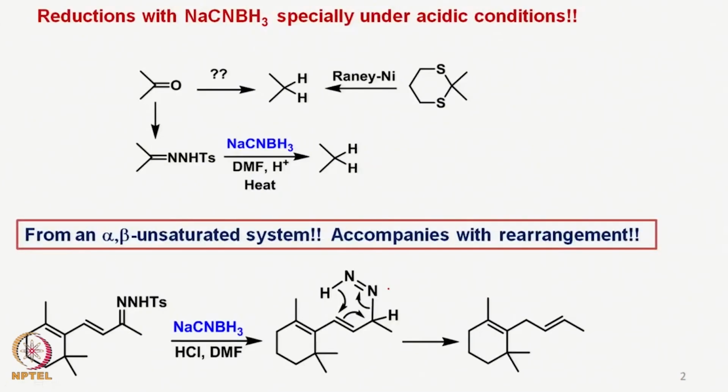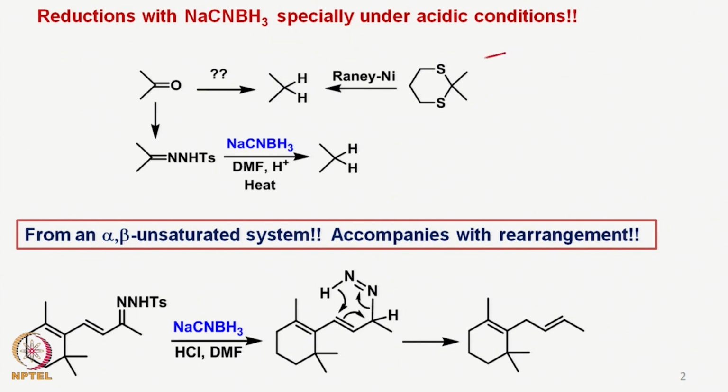And we also studied the sodium cyanoborohydride based reductions, and we saw that since sodium cyanoborohydride is stable under acidic conditions up to pH 3, it was easy to carry out reactions under acidic conditions.